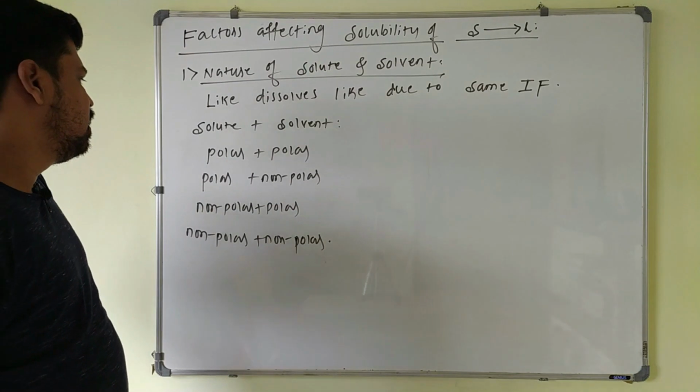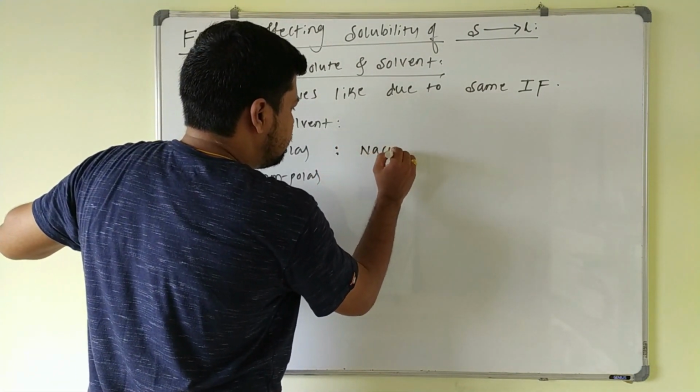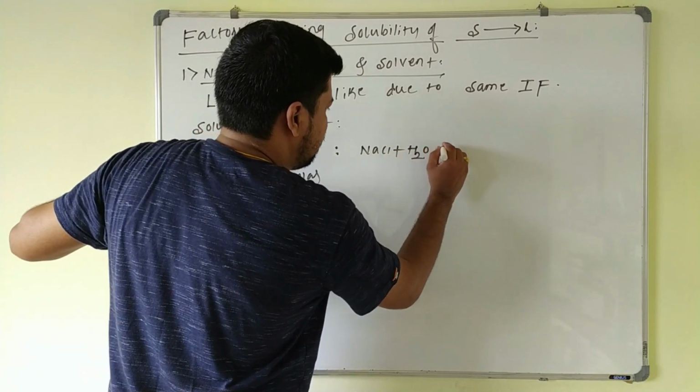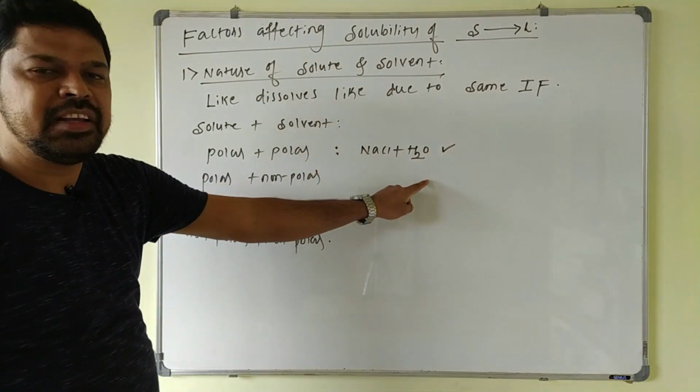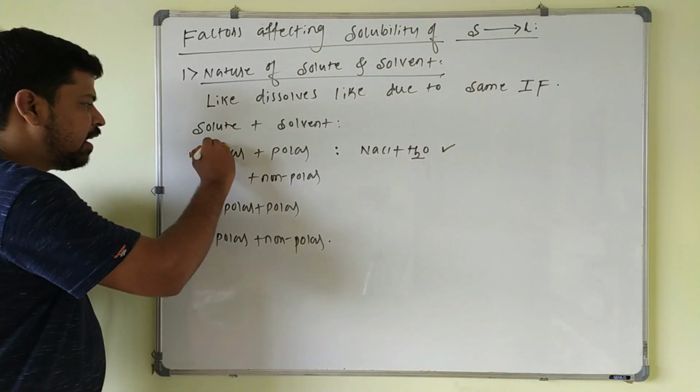And first point, polar plus polar, we will take an example. Suppose I take NaCl, which is polar in nature. If it is dissolved in water it is soluble, because both are polar in nature. Polar is soluble in the polar, so always keep in mind like dissolves like.